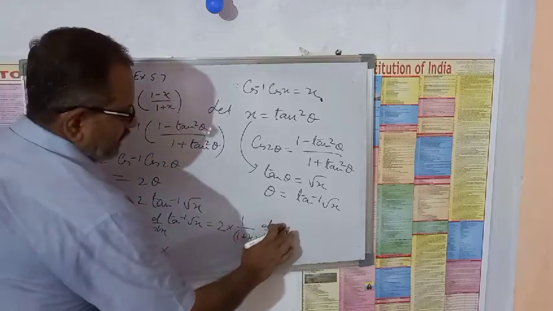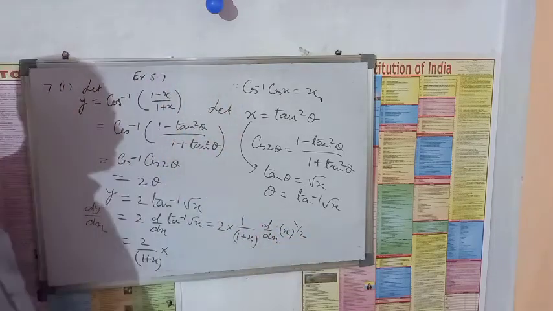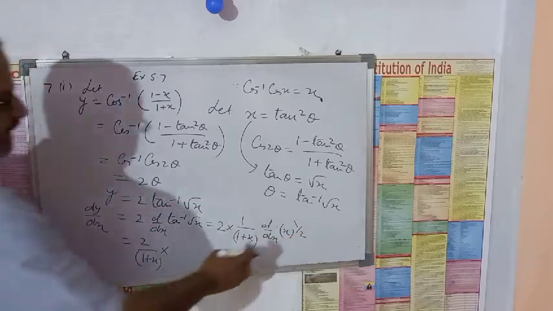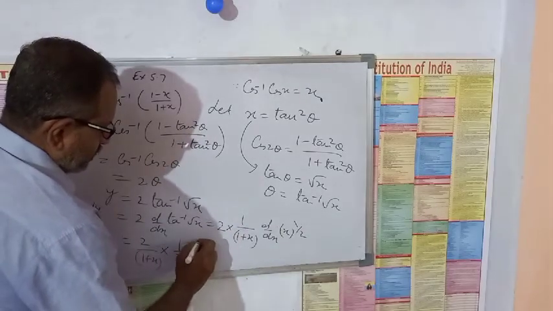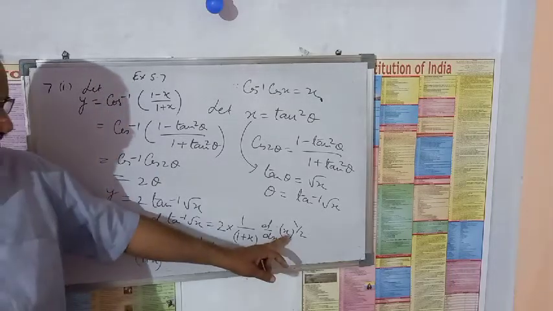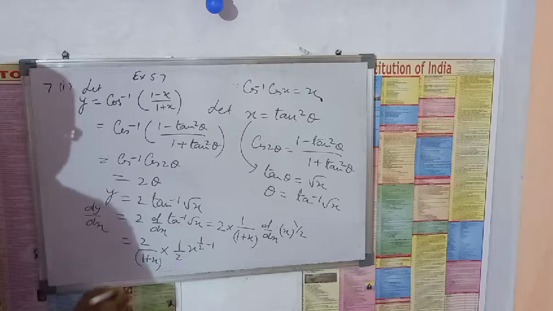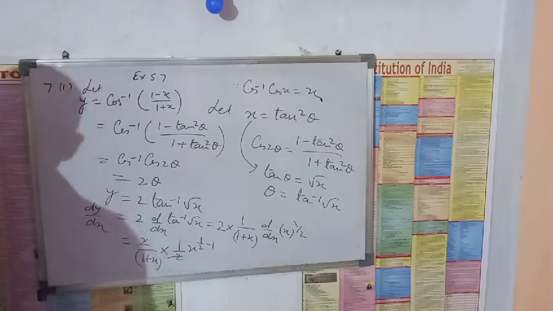Root x can be written as x to the power 1 by 2. And the derivative of x to the power 1 by 2 is 1 by 2 into x to the power 1 by 2 minus 1. We will use here the derivative of x to the power n. So 2 cancels with 2.